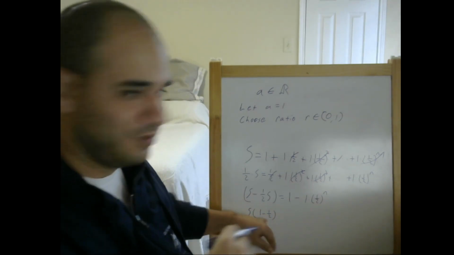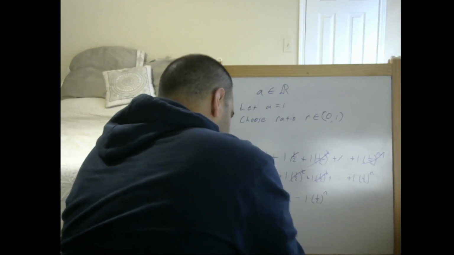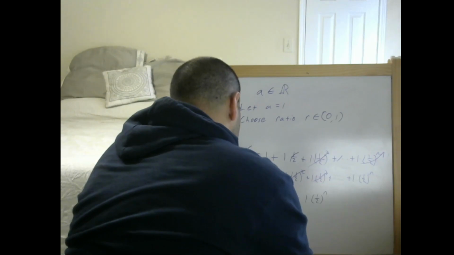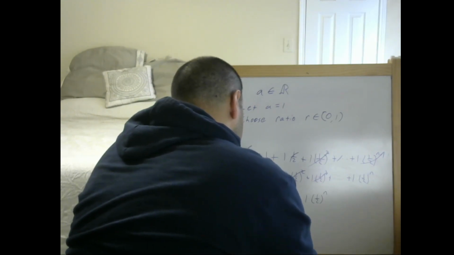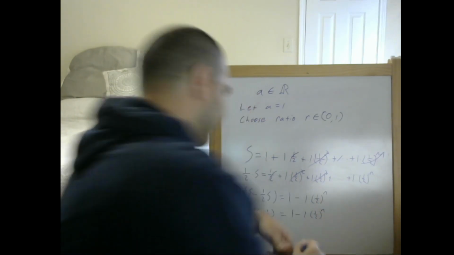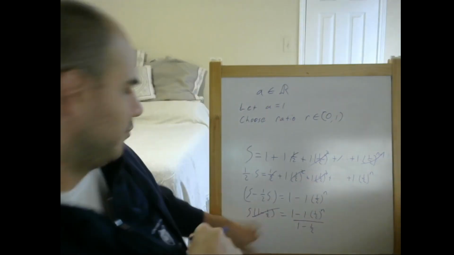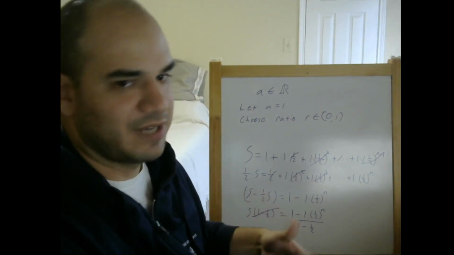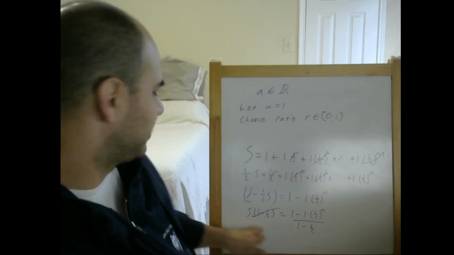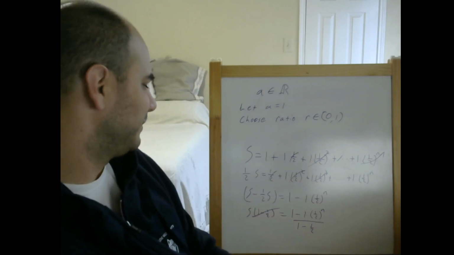So we'll remember that this is 1 minus 1/2. Okay, so now we'll just move it over and remove it from the left-hand side, right? So we divided both sides by this. Okay, so S is equal to this divided by this.